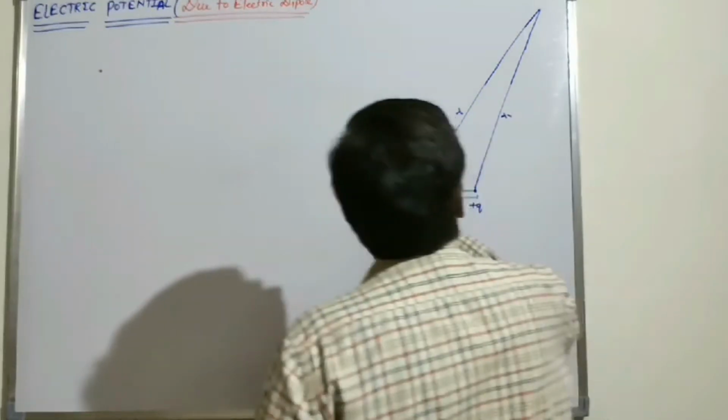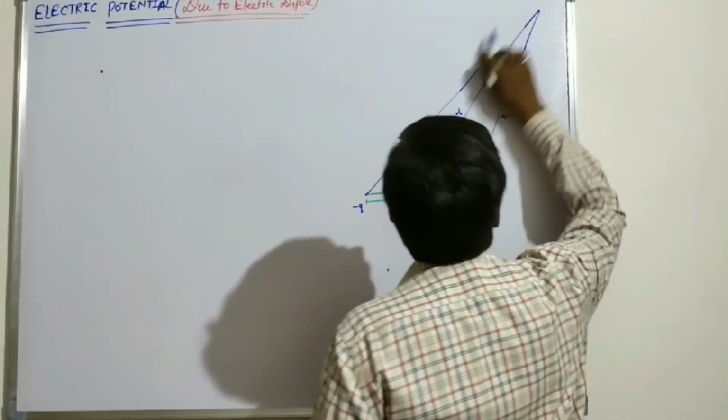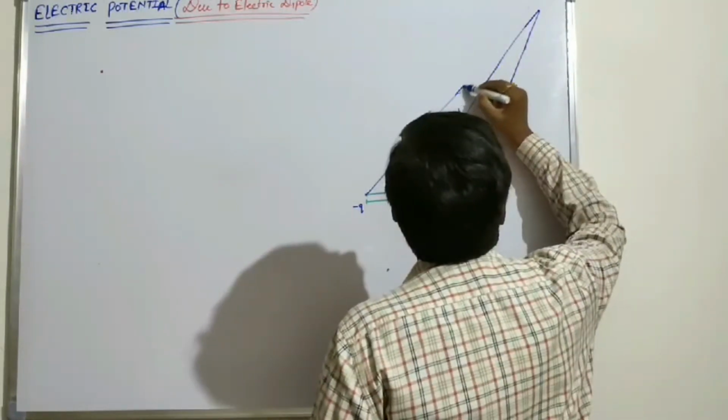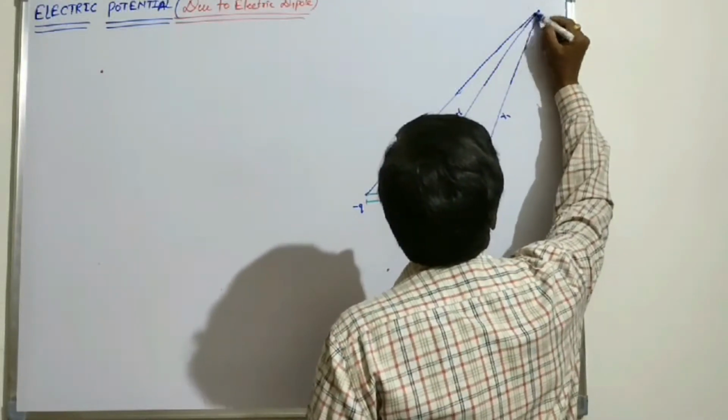Okay? And distance from negative charge is R2. Sorry. It is R2.